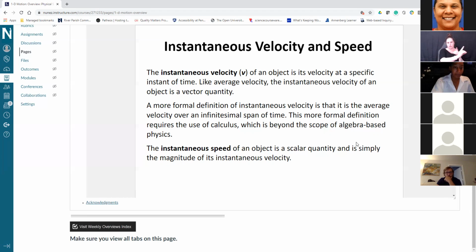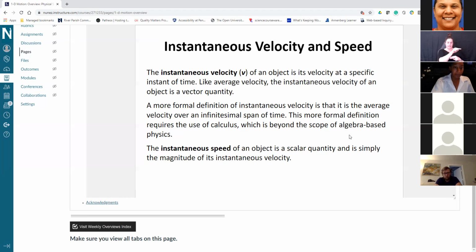Now, here's the thing. Because instantaneous velocity requires a bit of calculus to calculate, I don't have you calculating instantaneous velocity. That's a bit above our pay grade. So if you're going to use instantaneous velocity, it's going to be provided to you.